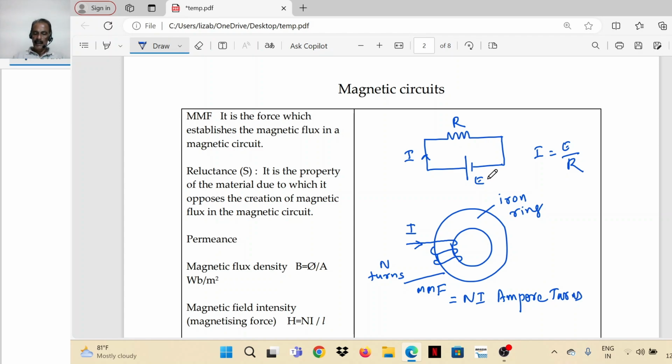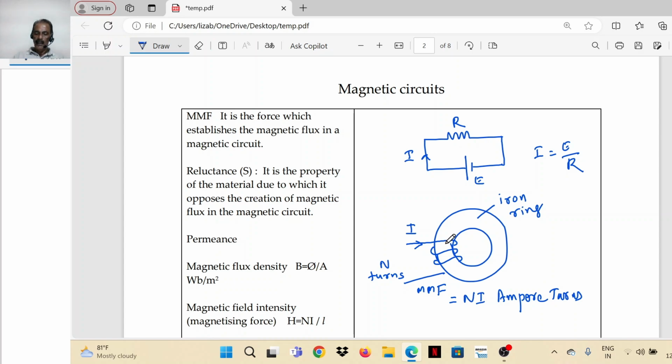So in the electric circuit, there is an electromotive force. In the magnetic circuit, there is an analogous quantity which is called the magnetomotive force. And this force only is responsible for setting up of a flux in the core. And it is given by the product of the number of turns of the coil and the current through the coil.